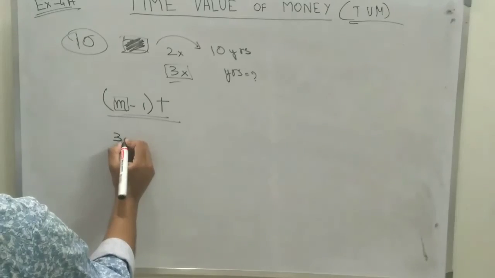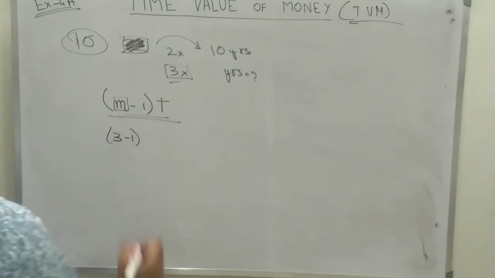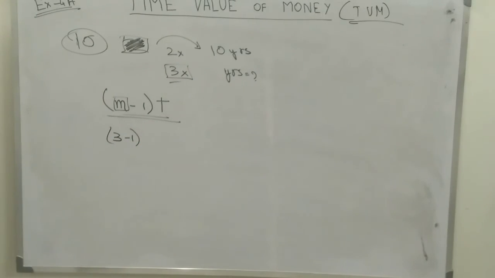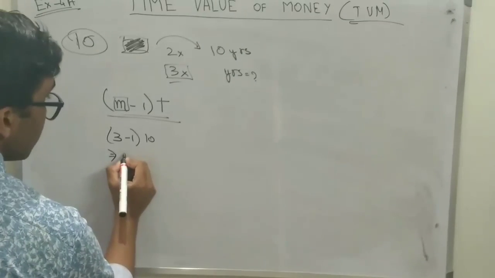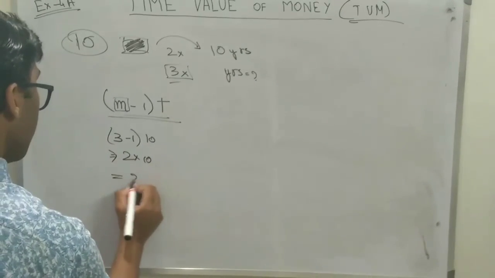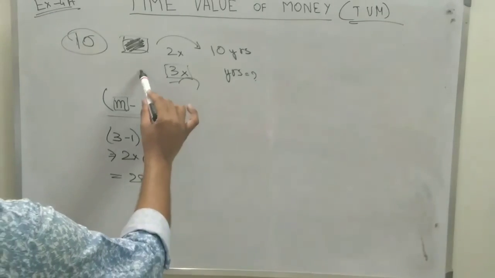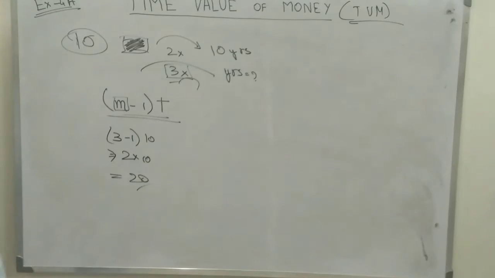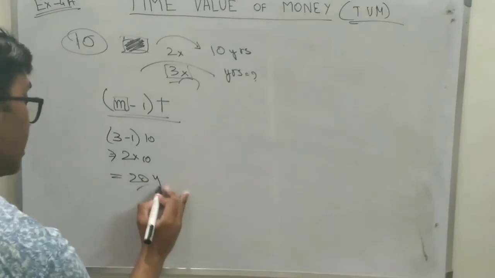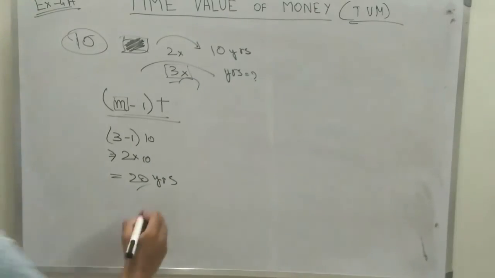So in this sum, 3 minus 1 into t, t is given as 10 years, which is 2 into 10, which is 20. That means the money will triple in 20 years. Now if you check the options, option A is 25 years, B is 15 years, C is 20 years, and D is none of this. So we are getting 20 years. Option C satisfies.